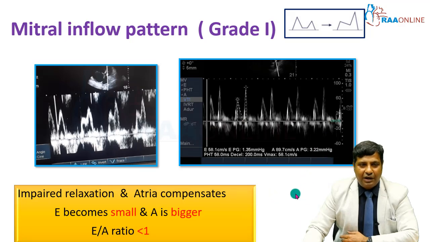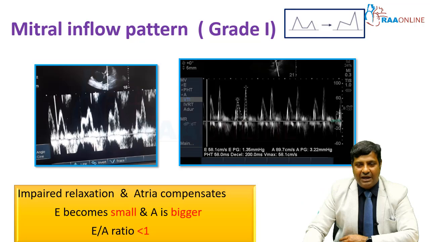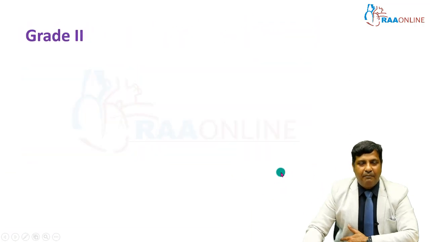We know that in grade 1 the relaxation is impaired, so the atrium generates more pressure to push the blood from the left atrium to the left ventricle. As a result, your early filling comes down and the late filling contributed by the atrium becomes more. So your E by A ratio becomes less than 1. This is how grade 1 diastolic dysfunction behaves.